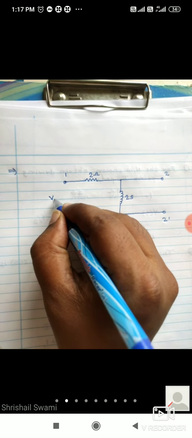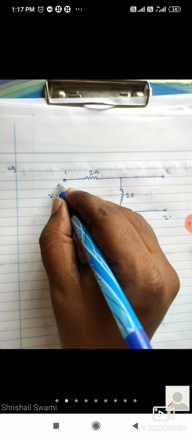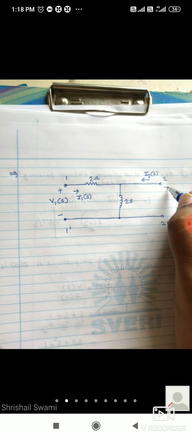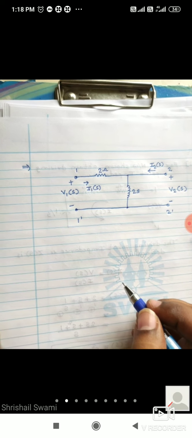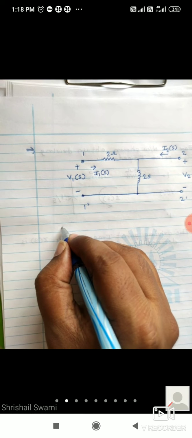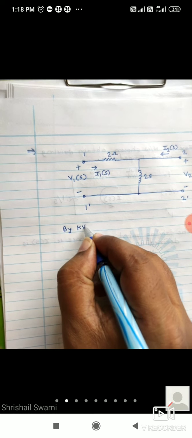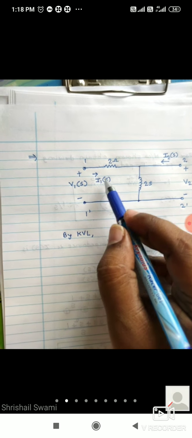Okay, so here as usual we give V1 of S, plus minus, the current is I1 of S. Next this current is I2 of S, and this voltage is plus minus V2 of S. Okay, so we'll start to apply KVL now.